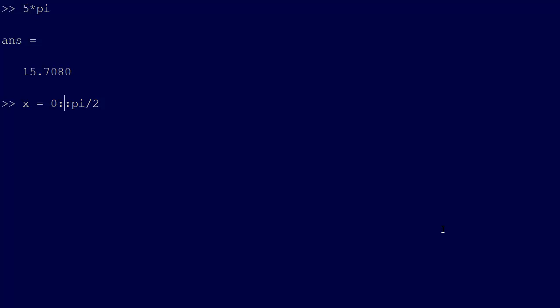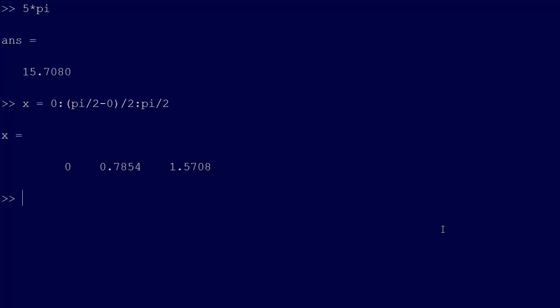The step size is the difference of pi halves minus 0, the whole interval, divided by the number of segments we want. The number of segments we want is 2, so we'll divide by 2.